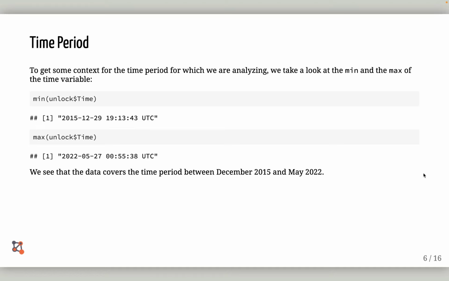If we look at the minimum block time and the maximum block time, you can see the data effectively goes from the end of 2015, December 2015, to May 2022. That gives us a good solid 6.5 years of data to work with. Obviously, if we re-execute the scraping code, we will have even more data, and this analysis will be continually updated as we go along through time.